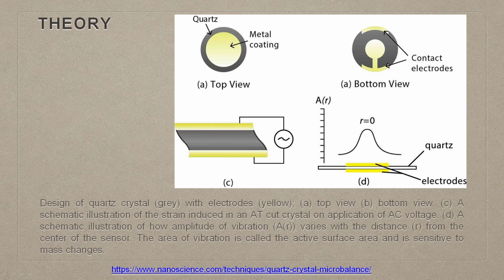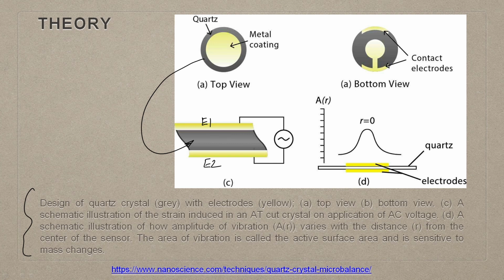So, here the metal coating is the quartz crystal. If you follow the color pattern, you have the quartz crystal sitting there, and these are the electrodes. I just mentioned E1 and E2 for your understanding from the previous picture. This is the design of the quartz crystal with electrodes, top view and bottom view.